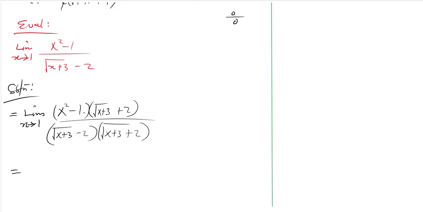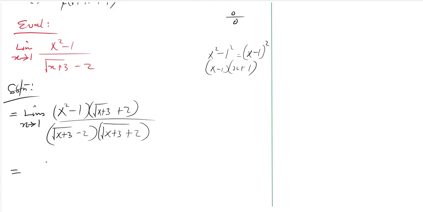This will give us, if you look closely, at the top we have difference of squares, because x squared minus 1 squared is the same thing as we are having here, and 1 squared is 1. So this is difference of squares, which is x minus 1 times x plus 1. Okay, so let's have that. And for the denominator, we see it's also difference of squares.